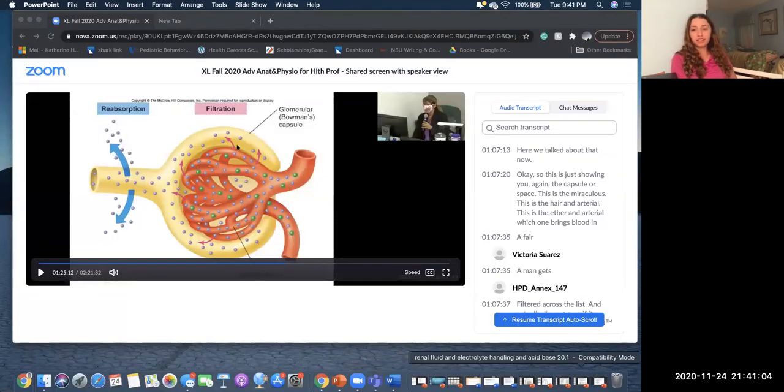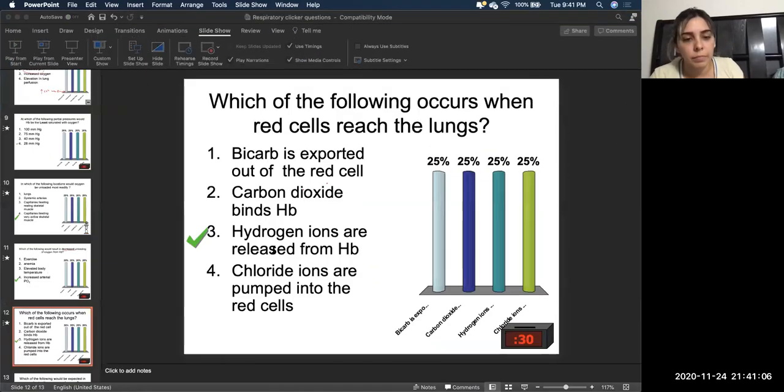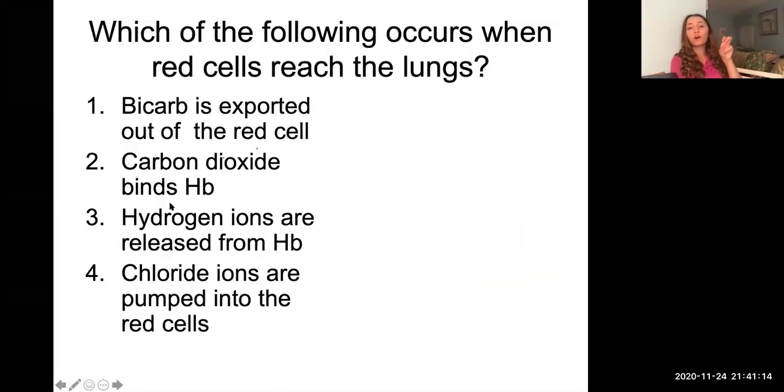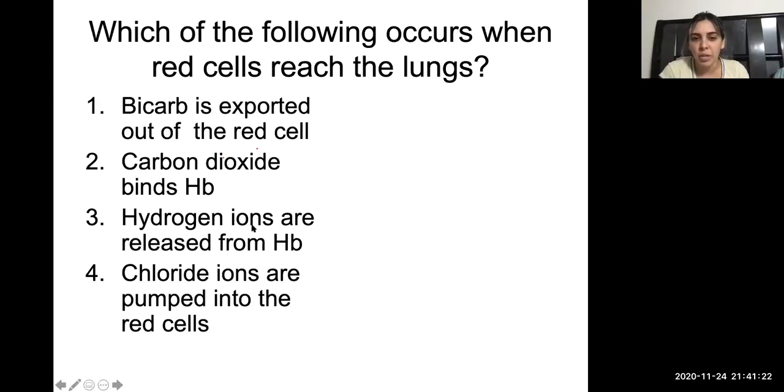Both of them are getting released. Now, the worst question on the planet. I guess it's more correct to say that it was released, not exported, because bicarbonate cannot be exported.